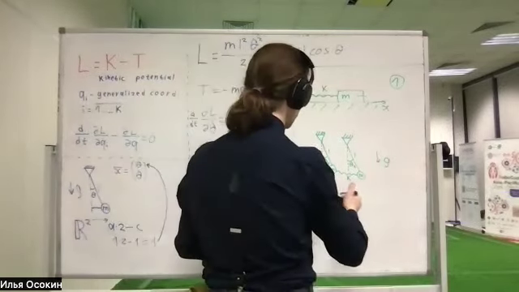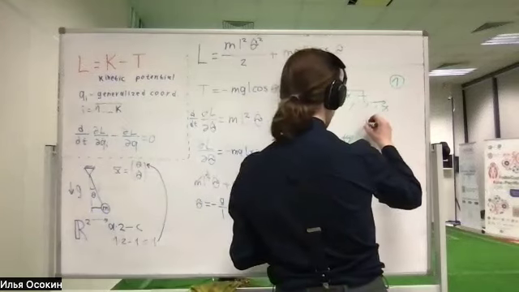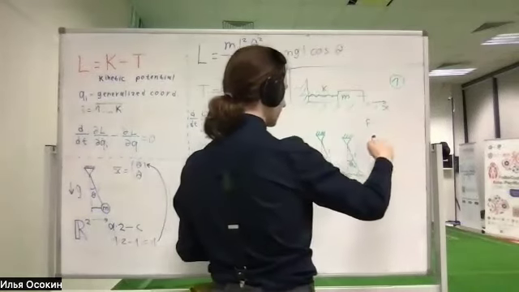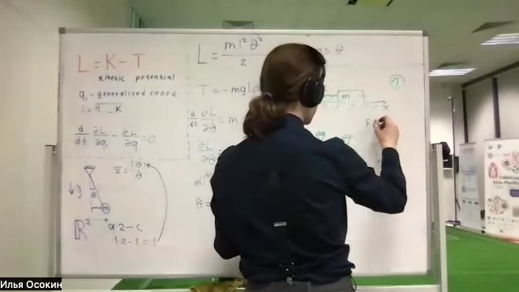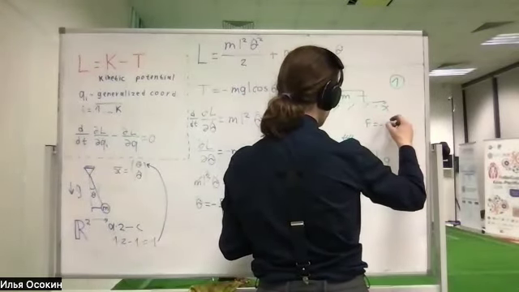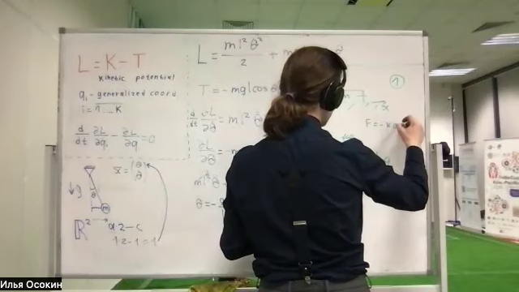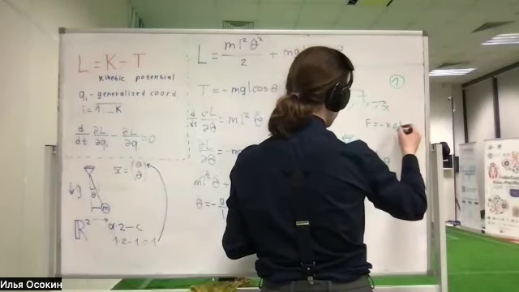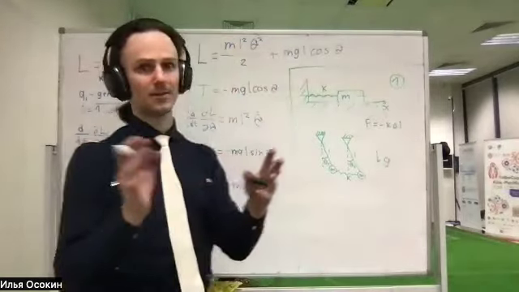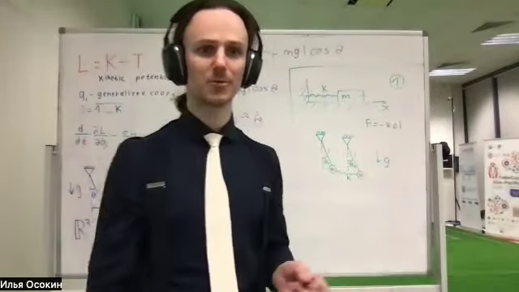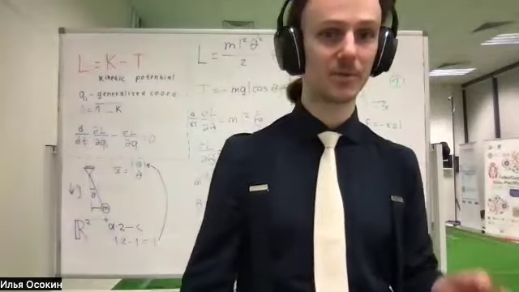Stiffness K means basically that the force that is exerted on the endpoints of the spring is equal to minus K delta L, where delta L is the change in the length of the spring.